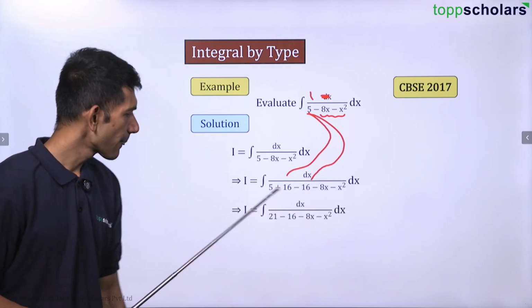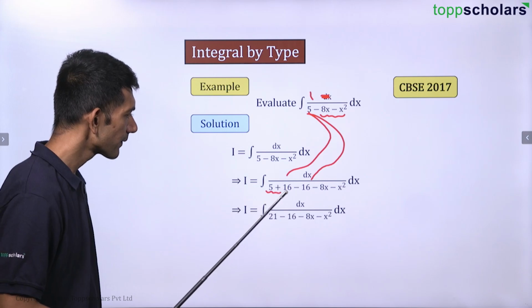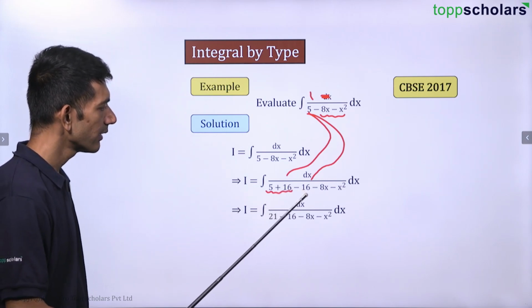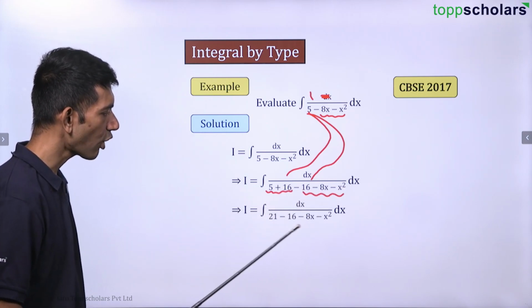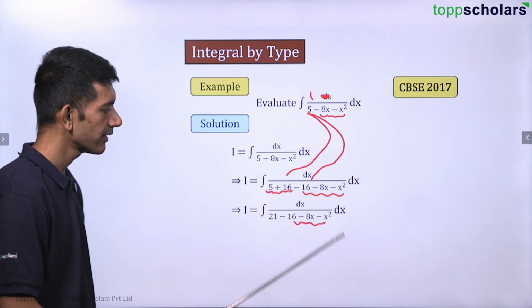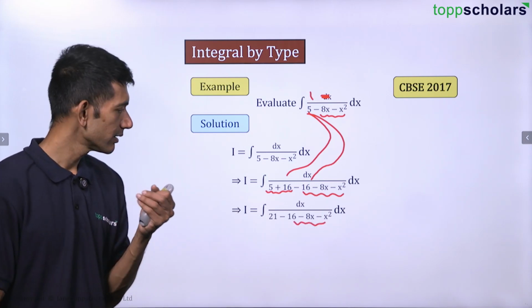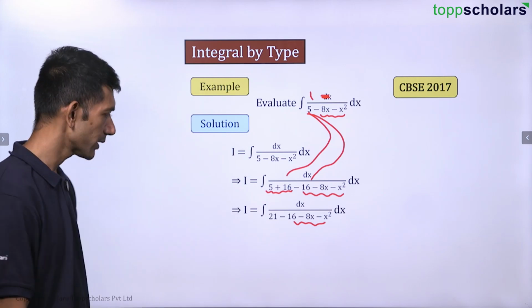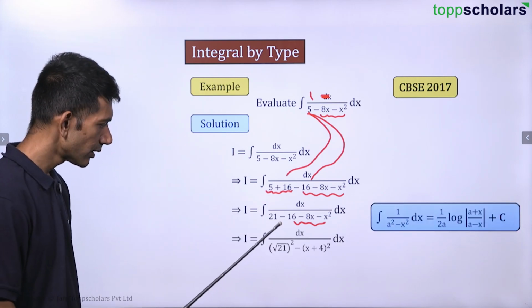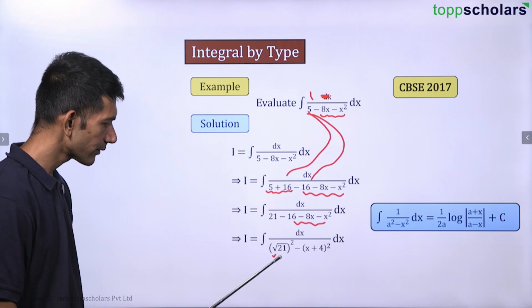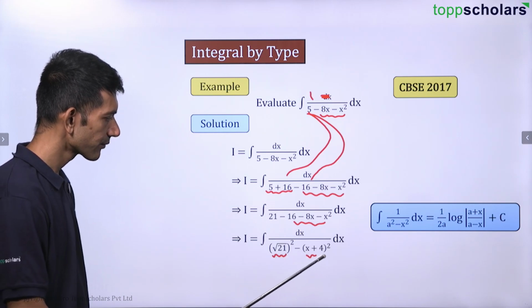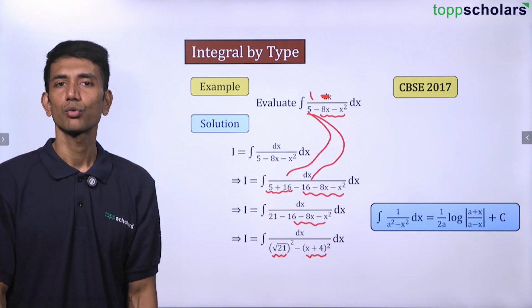Once you do that, 5 plus 16 gives me 21. From here, you can take minus sign common, and inside that, all the minus signs are common. That becomes x plus 4 the whole square. So this is under root 21 the whole square minus x plus 4 the whole square.